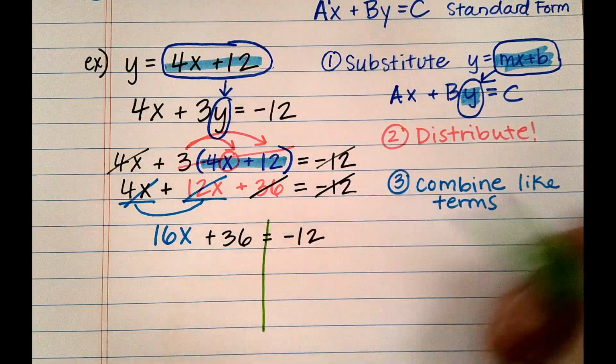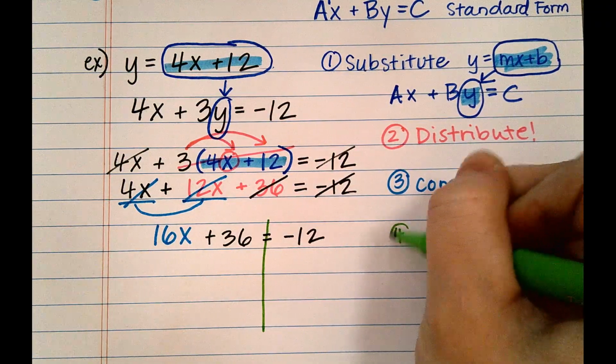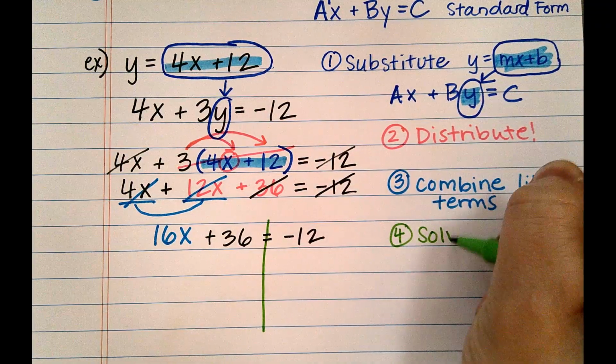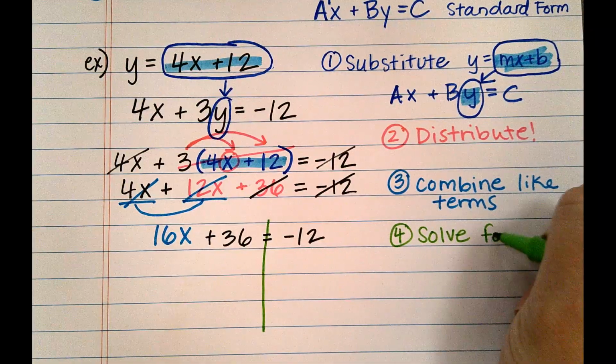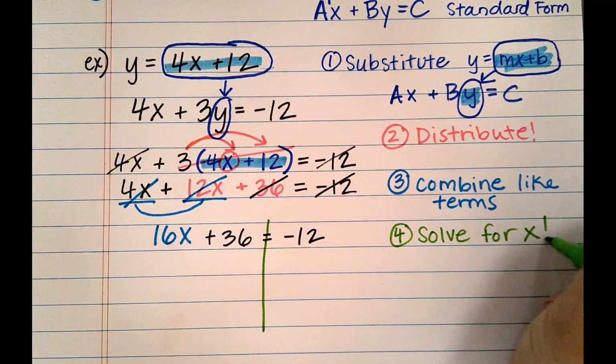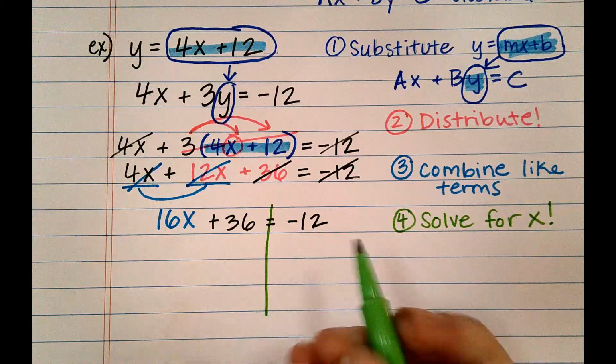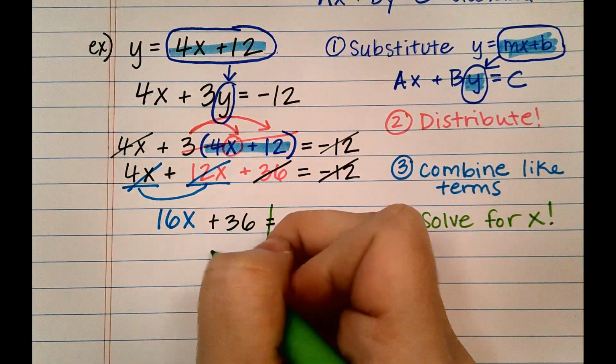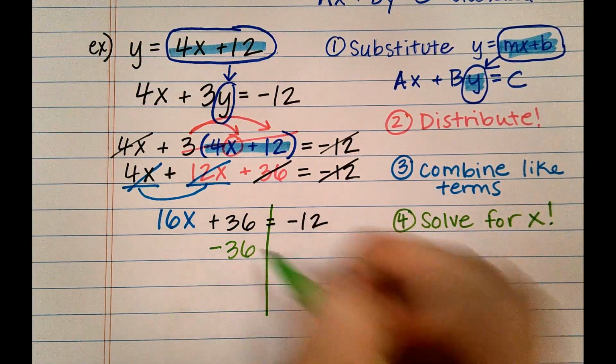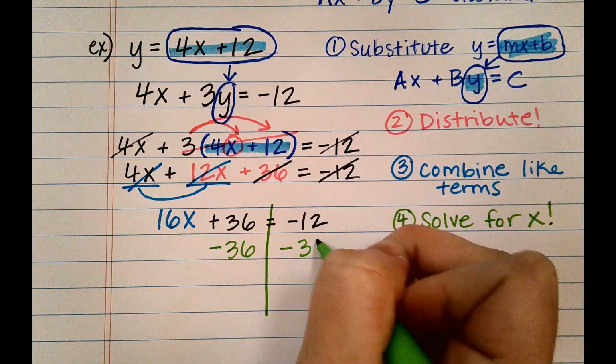So I'm going to draw a line and I'm going to write step 4. Solve for x. And then you said, let's subtract 36. That is a perfect idea. Minus 36 on both sides.